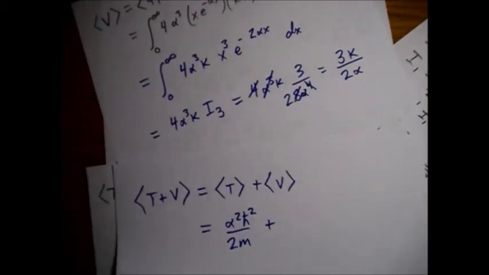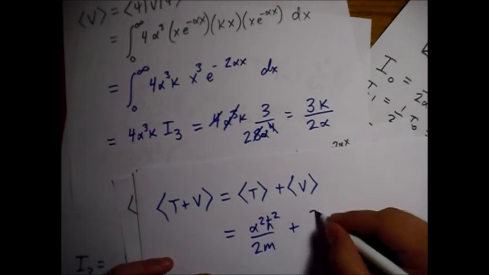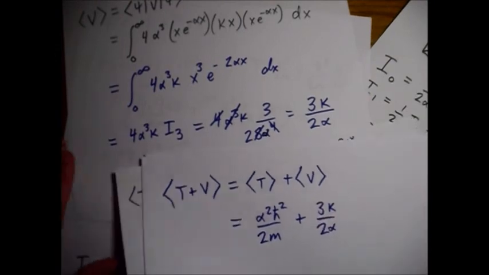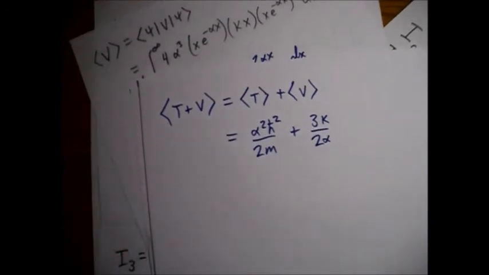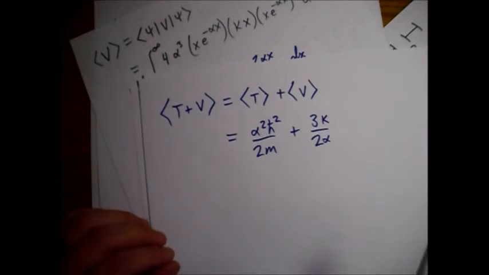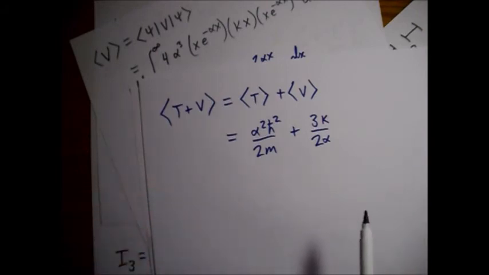And for our potential energy, we had this. So we are going to minimize this. Just double check, make sure this matches up with what I found earlier. All right, looks like everything checks out.